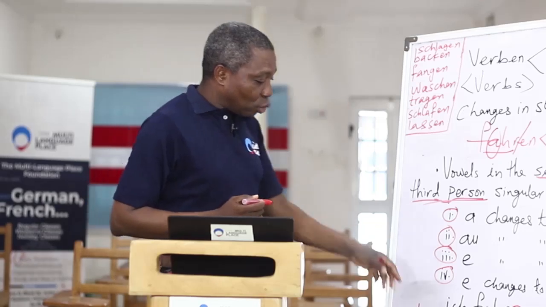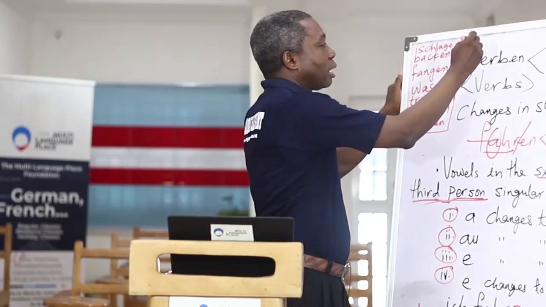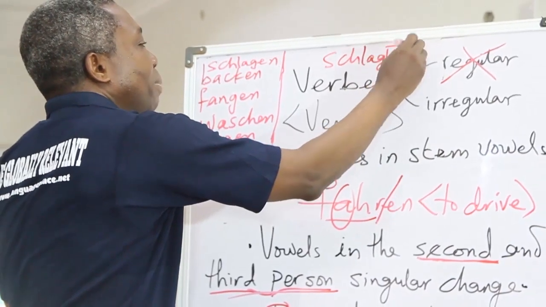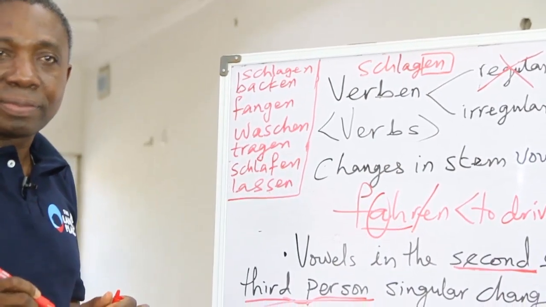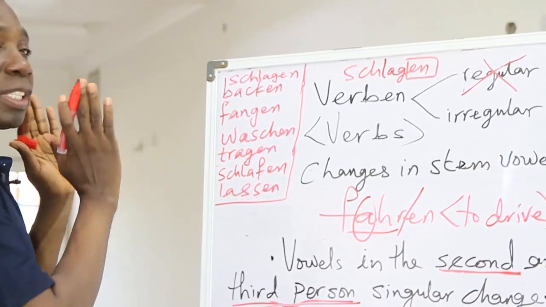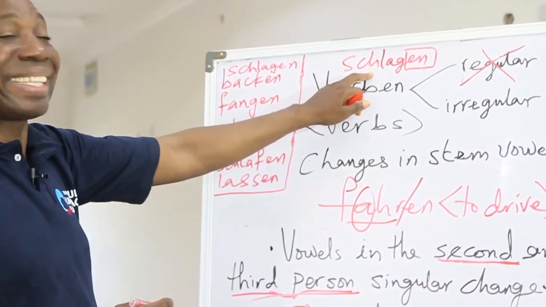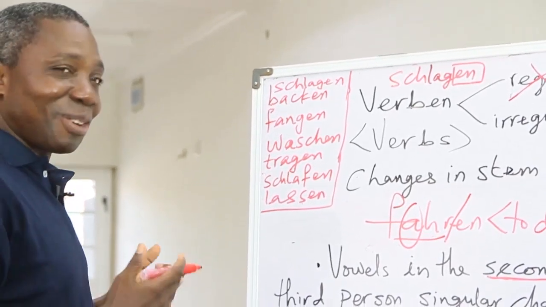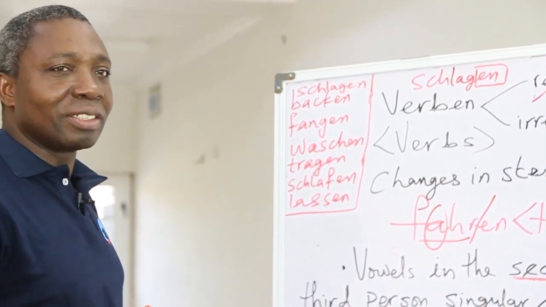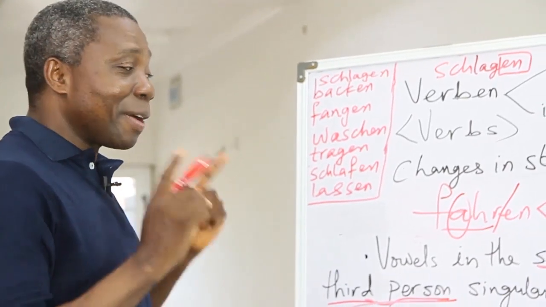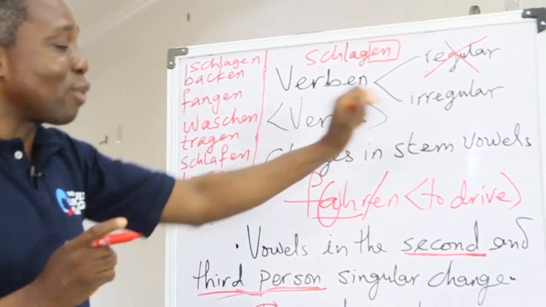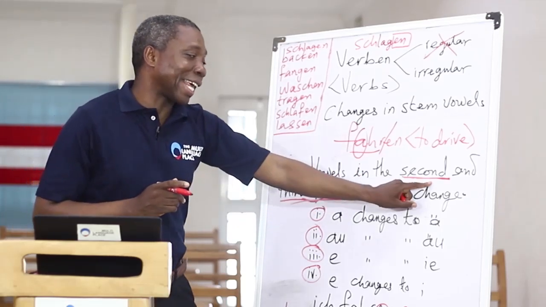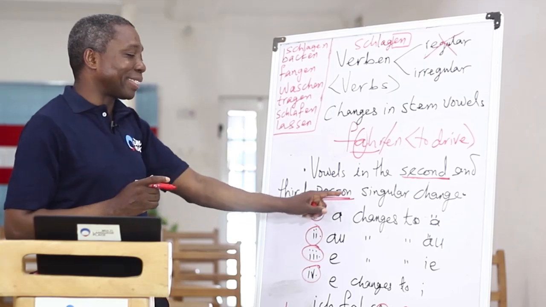Okay, let's just follow the formula. This is schlagen. Remember the formula: you remove the en, and then you put the personal pronoun in front of the stem. The first one will be ich schlage. And then, remember, for this irregular verb, the vowel will change in the second and third person singular.